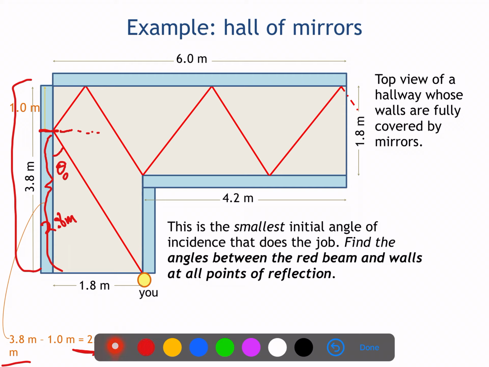Okay, so the tangent of this theta will be equal to opposite over adjacent, 1.8 over 2.8. And so when you take the inverse tangent of that, you're going to find that the angle is approximately 22 degrees.